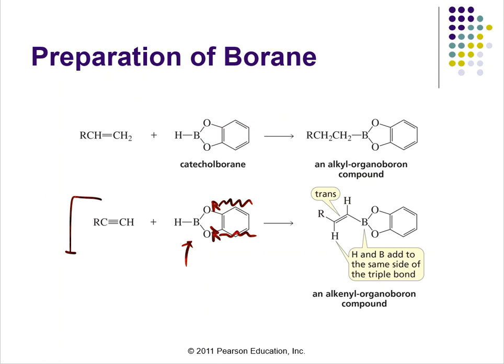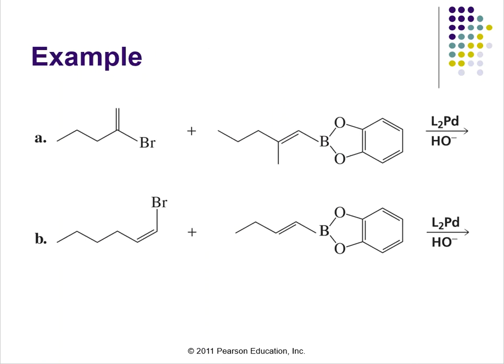But this triple bond attaches to the borane, and it breaks to a double bond. And that's what you're seeing here. There's our double bond, not a triple. Trans, as you would expect, is going to be the proper stereochemistry for those products. And the reason is because trans is always more stable. All right? Okay, so let's take a look at another example.